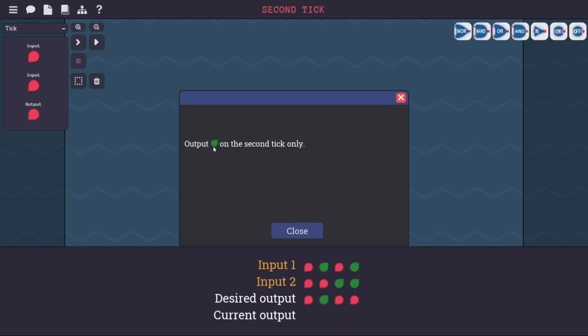So output a green, which is an on, on the second tick. From what I know, a computer has to run through ticks. A tick is essentially like a pulse, similar to a heartbeat. On a heartbeat, the heart pumps blood to the body.